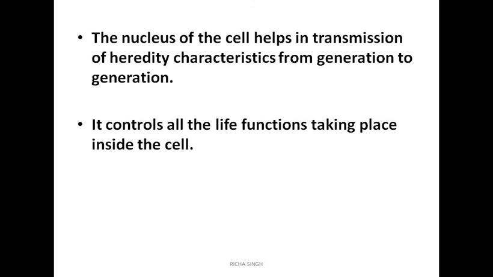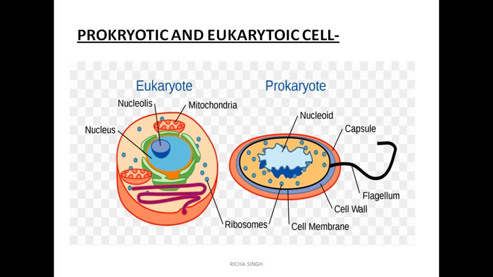The nucleus also controls all the life functions which take place inside the cell. So you can see that it is the main control of a cell. It controls all the functions.